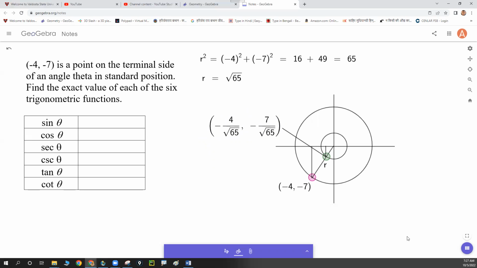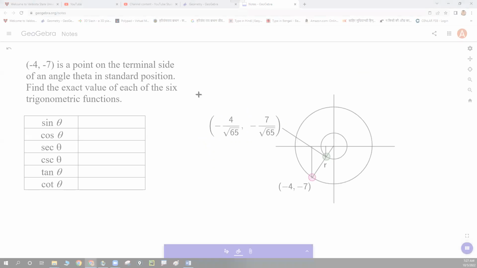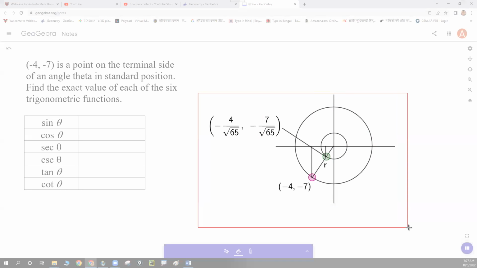Now, based on this, I can easily find sine and cosine. Okay, so let me see what I can do. I don't think I need this. I'm going to delete it. Now, I'm going to apply a trick so that I don't have to mess with this picture too much. I'm going to take a screenshot.